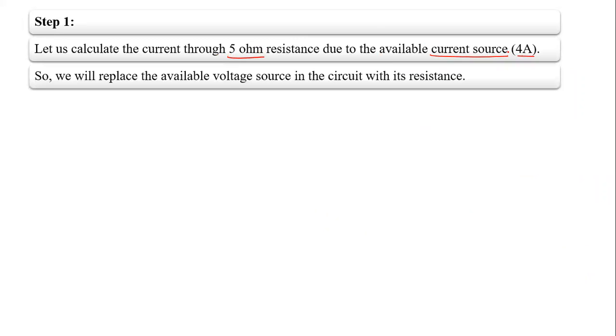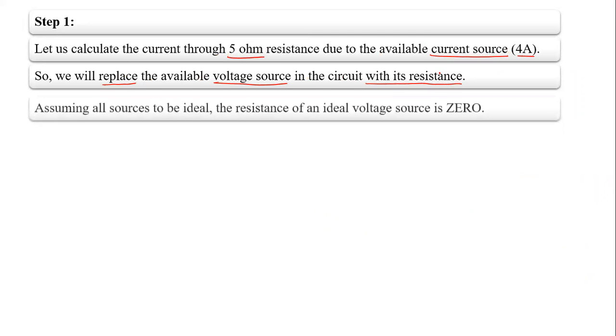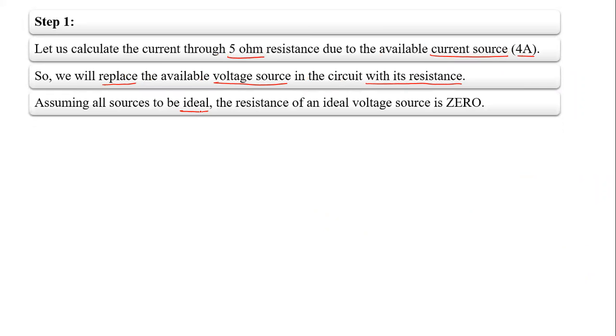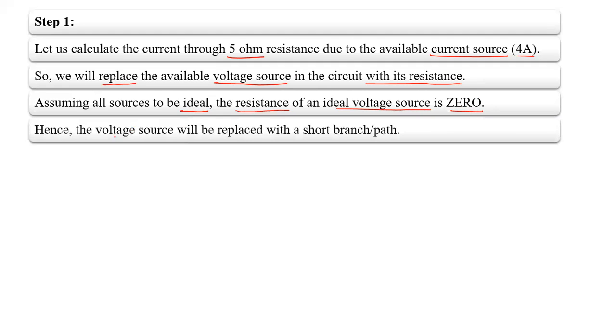We will replace the voltage source with its resistance. We assume this is an ideal voltage source, so we replace it with zero resistance, which means a short circuit, right?